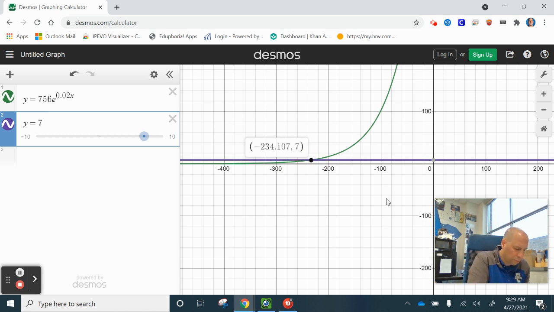So the point of intersection is negative 234 point, in one decimal place, comma 7.